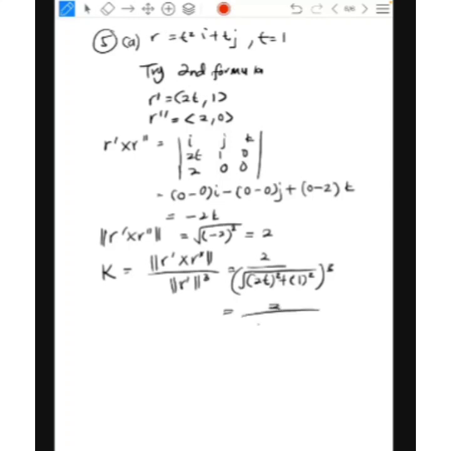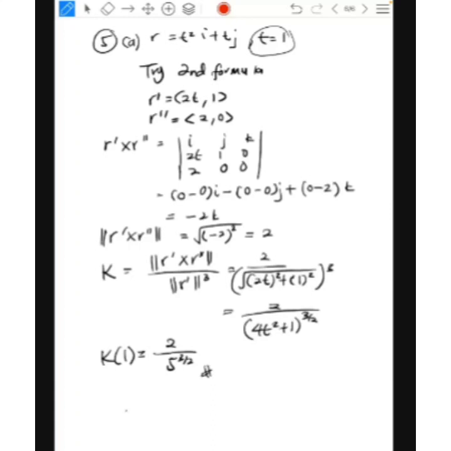So we get 2 over 4t squared plus 1 to the power of 3 over 2. So again, it seems easier to use the second formula than the first one. Okay, and then t equals to 1. So kappa when t equals to 1 will be 2 over 5 to the power of 3 over 2.